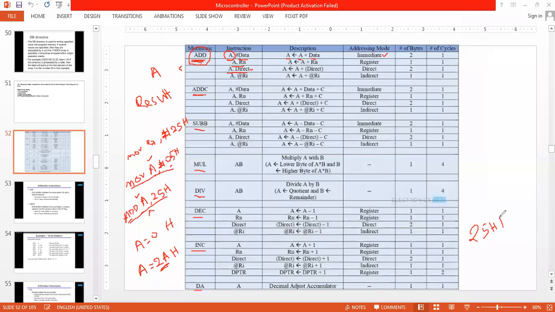In 25H, assume there is 16H. So now what is the value of A after ADD A comma 25H?